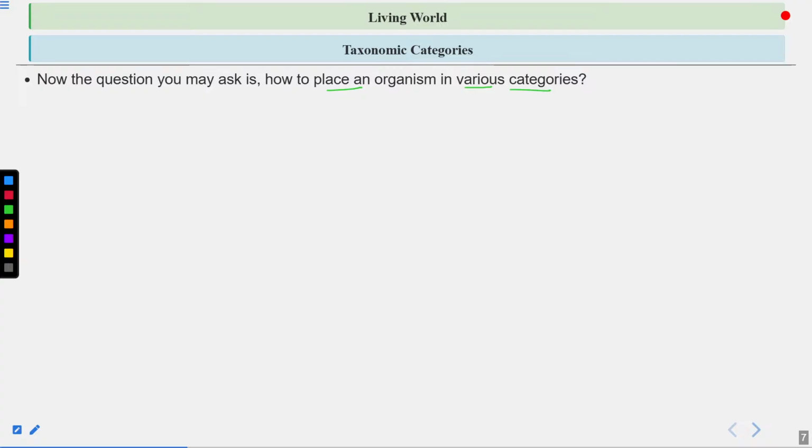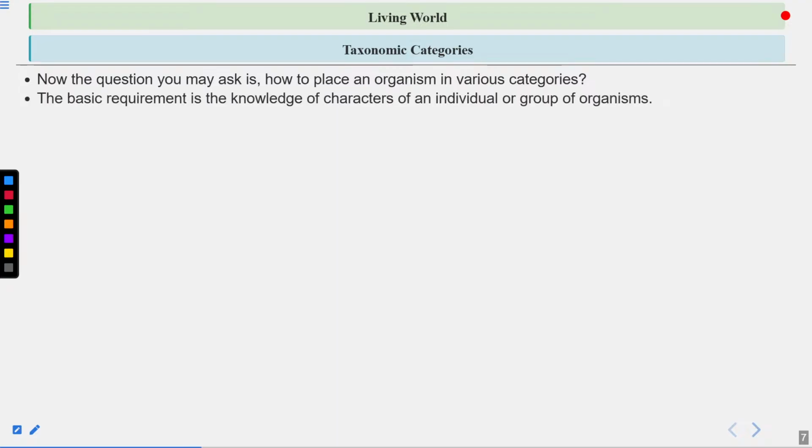Organisms are placed into these various categories based on similar, shared, or common characteristics. Now the basic requirement is the knowledge of characters of an individual or group of organisms. So first of all, you should know about the features, the characters of that organism or group of organisms.